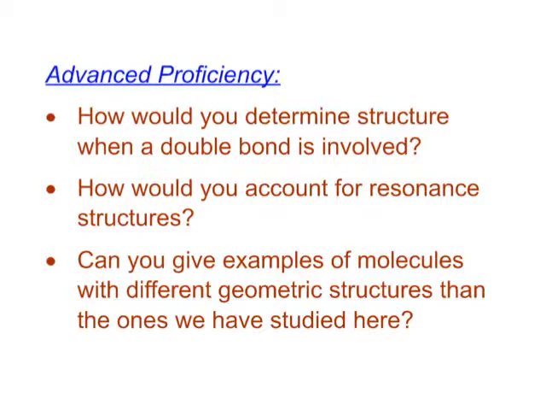And you could give examples of molecules that have different geometric structures than the ones that we have talked about in the last slide. There are a variety of larger molecules that have more bonds than these and have some different shapes. Those are some wonderful things that you could look into and find out a little bit more about how molecules form their geometric shapes.